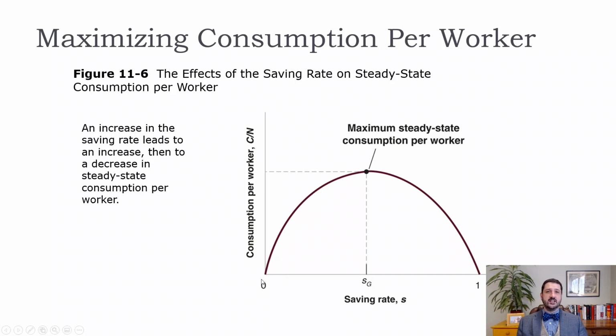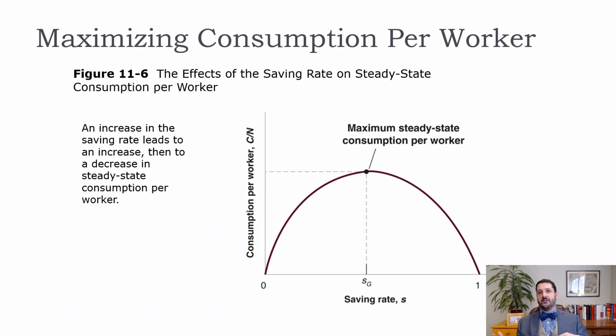If we don't save at all, if our savings rate is 0 in a closed economy, then even if we start with a lot of capital, that capital is going to depreciate eventually to 0. And if we have 0 capital per worker, output per worker is 0, and consumption is therefore 0. On the other hand, if we save everything, so our savings rate is 100%, then we're going to have lots of capital per worker.